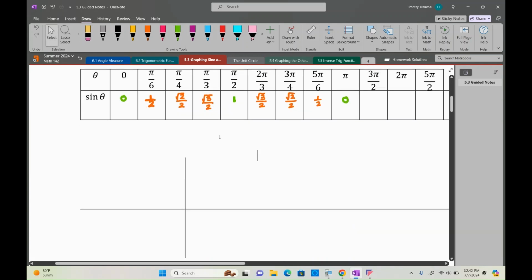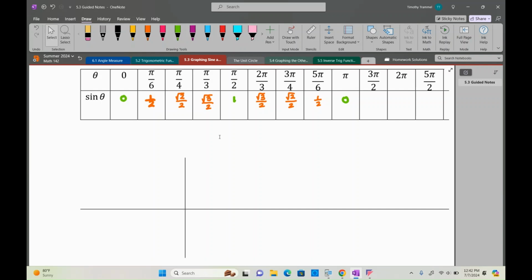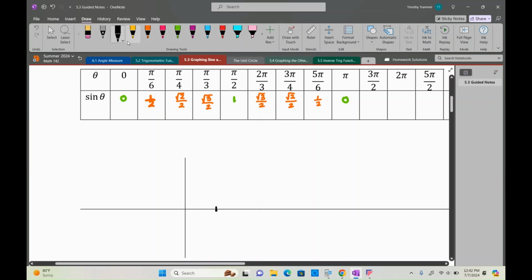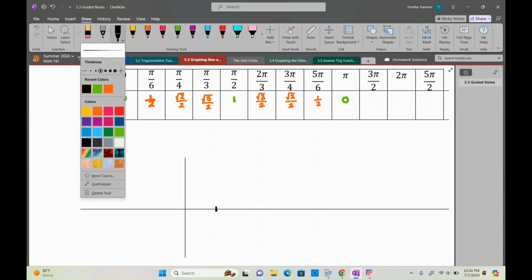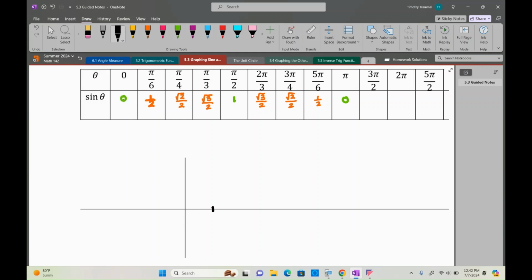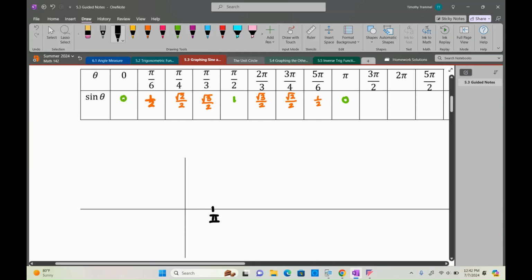Let's go ahead and set up the x-axis before we actually plot these points. I mentioned that these three in green are going to be the important ones. So when we go to graph this, we'll have our pi over 2 here. Adjust my spacing a little bit. There we go. Pi over 2. And then pi. If we add another pi over 2, that's going to be 3 pi over 2.